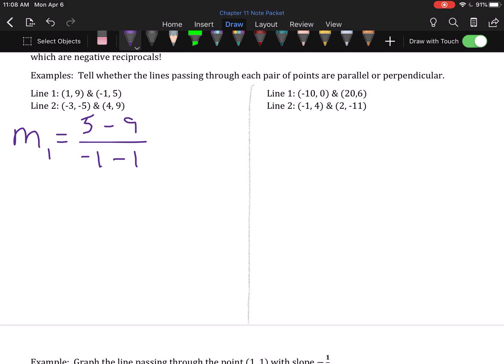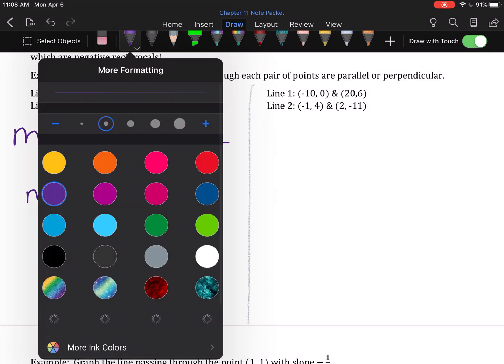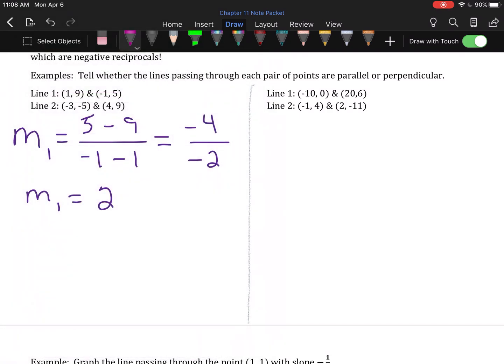No minus negatives to change into addition here, so we can just do the arithmetic. 5 minus 9 is -4. -1 minus 1 is -2. So the slope of line 1, when it's all said and done, is 2. You could report that as 2/1 if you want. I won't mark it wrong, but you do have to reduce it at least to 2/1. So the first line has a slope of 2.